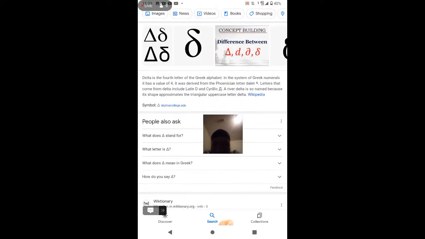So again, delta is the fourth letter of the Greek alphabet, which comes after gamma, C, right? That's why C's are really G's. In the system of the Greek numerals it has a value of 4, right?